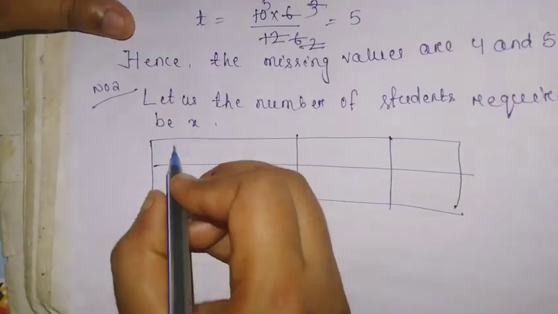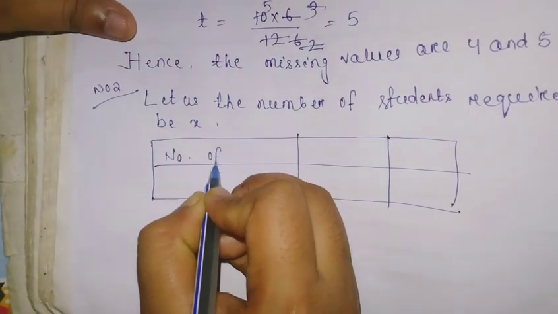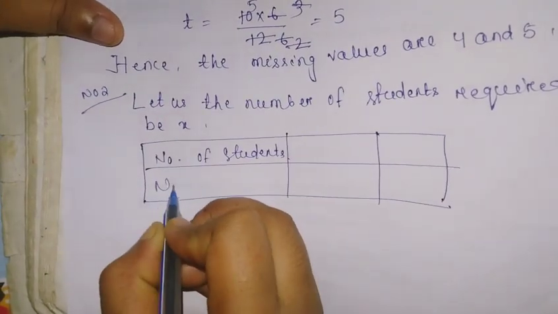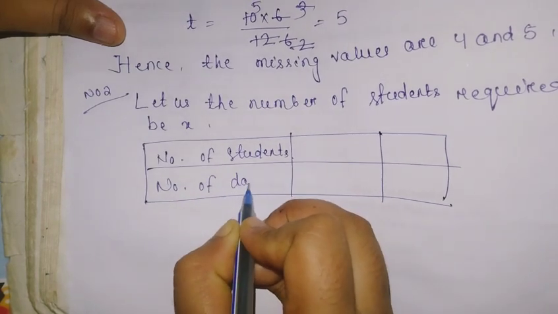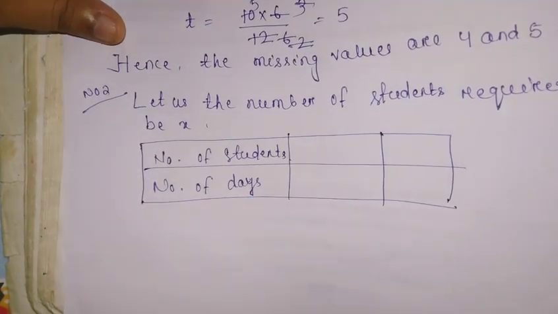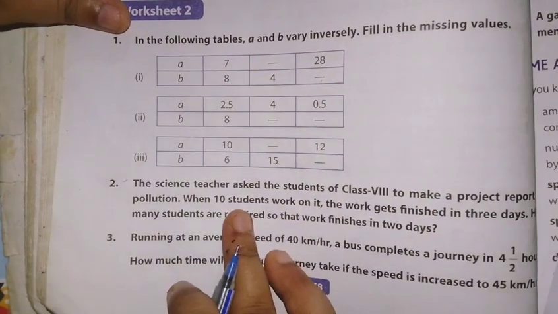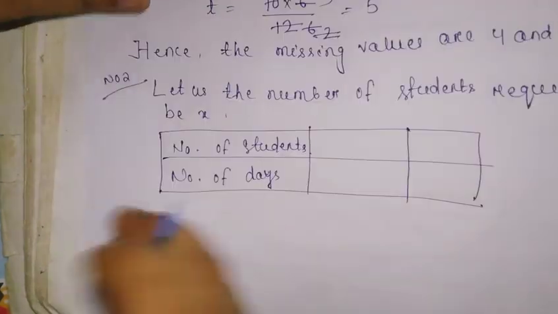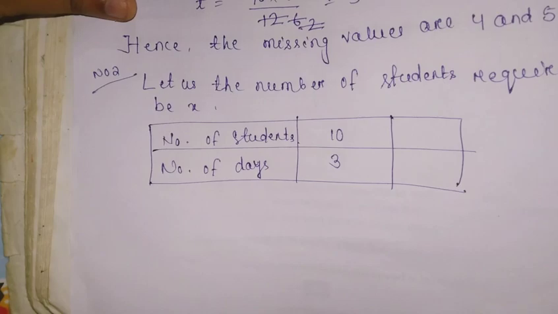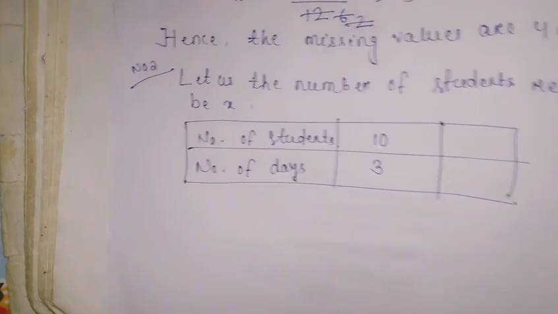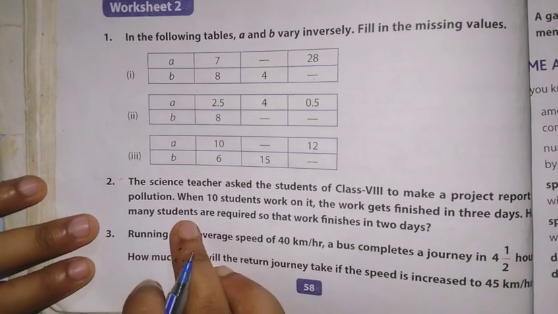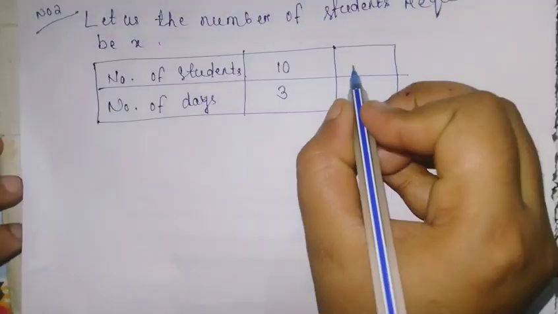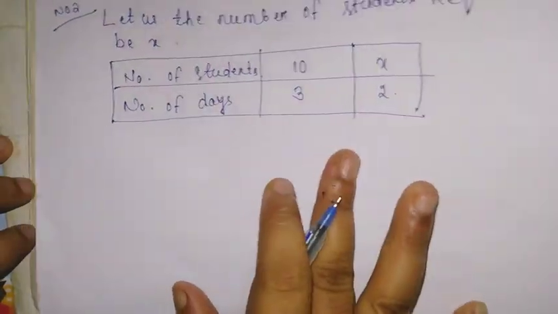First I write number of students, then number of days. Number of students is 10 and number of days work finish is 3. Then number of students, how many students? Number of students is x and days 2. As there is an inverse variation.